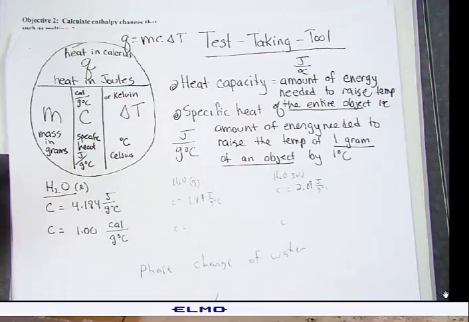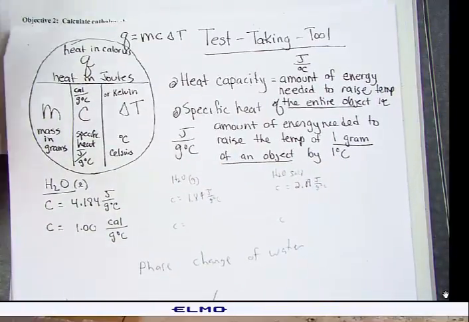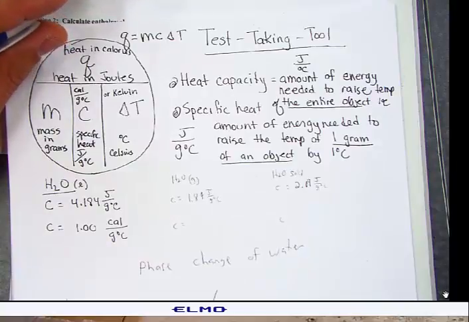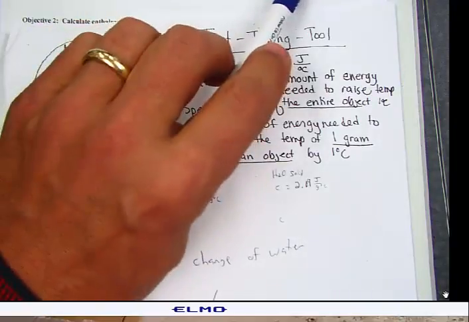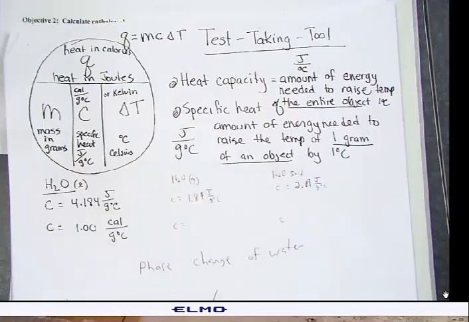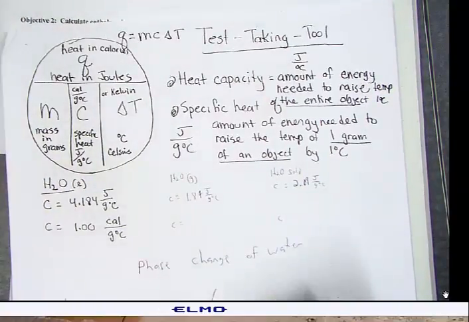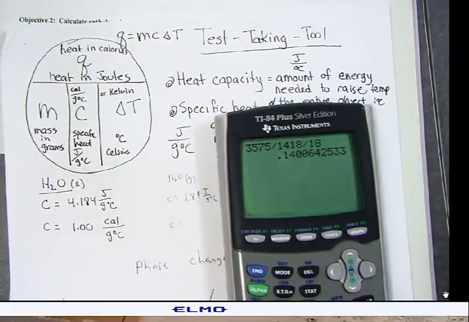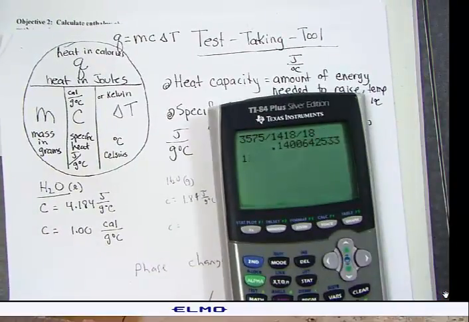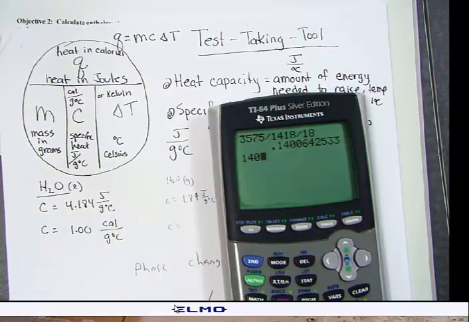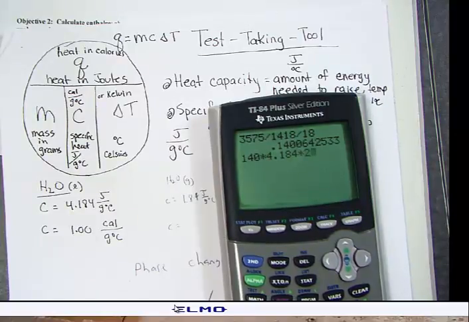Finally, the change in temperature. It says it started at 75. The temperature of the resulting solution increased to 95. 95 minus 75 is 20 degrees Celsius. 140 times 4.184 times 20.